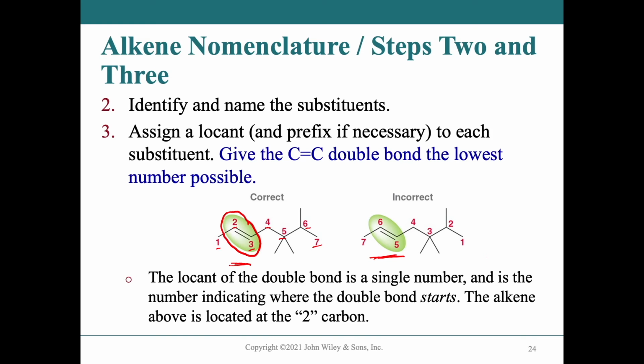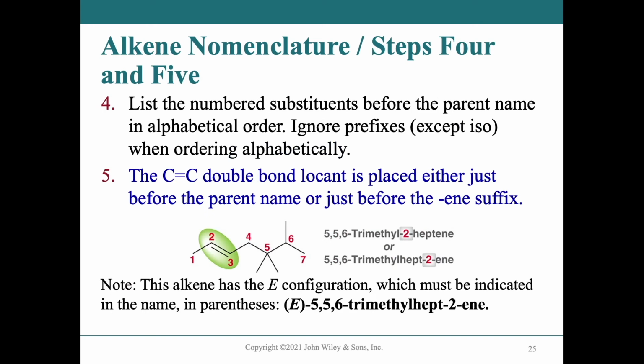So we can actually go ahead and name this here. We have a methyl here on 6, and we have a methyl here and a methyl here on 5. So we can put it all together now, and we can name it. I tried to name it before, and I forgot the 2 for where the double bond is. But don't forget to put in the 2 for where the double bond is for the heptene, right?